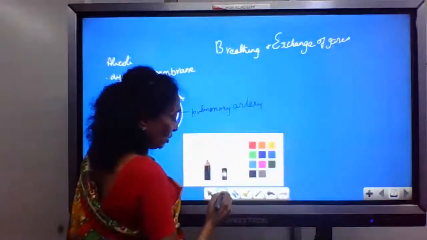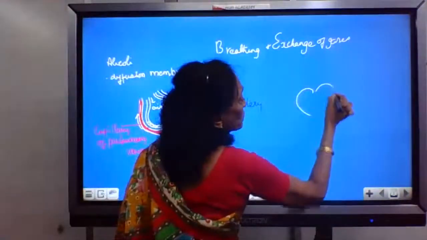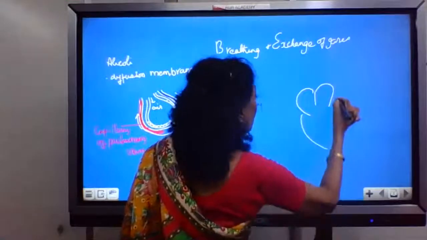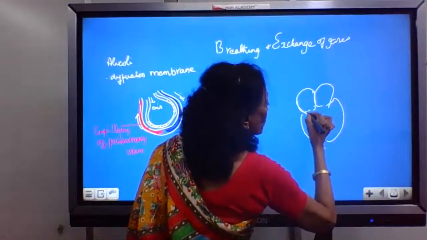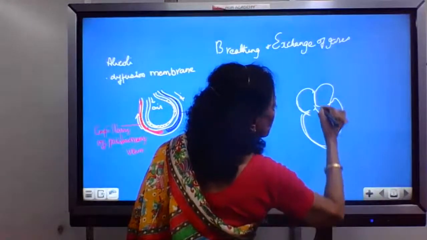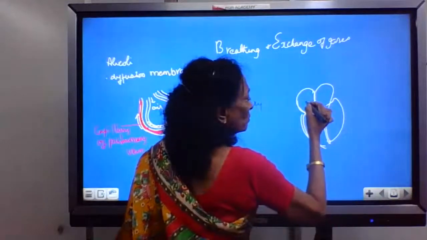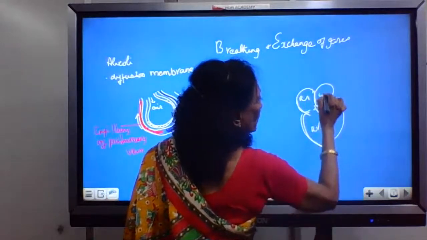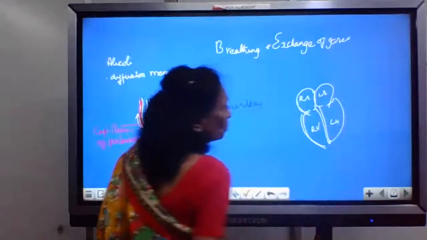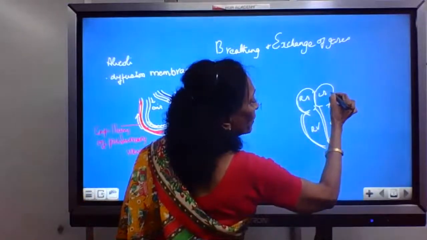This is a basic thing which you would have studied already. You have two upper chambers in the heart and two lower chambers. This is the atrium, this is the ventricle. On the right side are the right atrium and right ventricle, and the left atrium and left ventricle.